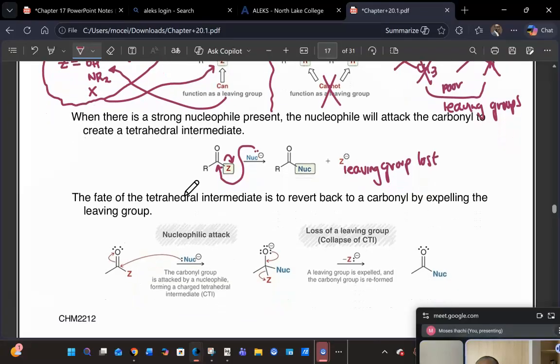Like I said, that was not a complete mechanism. Even the one shown down here is not a complete mechanism. Only that we are saying once you attack the carbon and the carbonyl opens up, you get what we call a tetrahedral intermediate. You'll see most of these mechanisms.